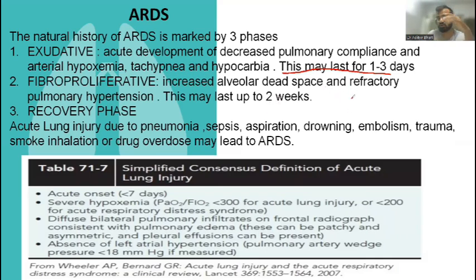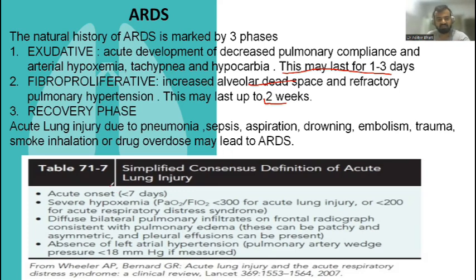So the area that is lost in damage heals by fibrosis, and then it never oxygenates throughout the lifetime of the patient. In the fibroproliferative phase, the dead space is increased, and it lasts for 2 weeks where repair starts to occur. And in the recovery phase, the final improvement occurs.